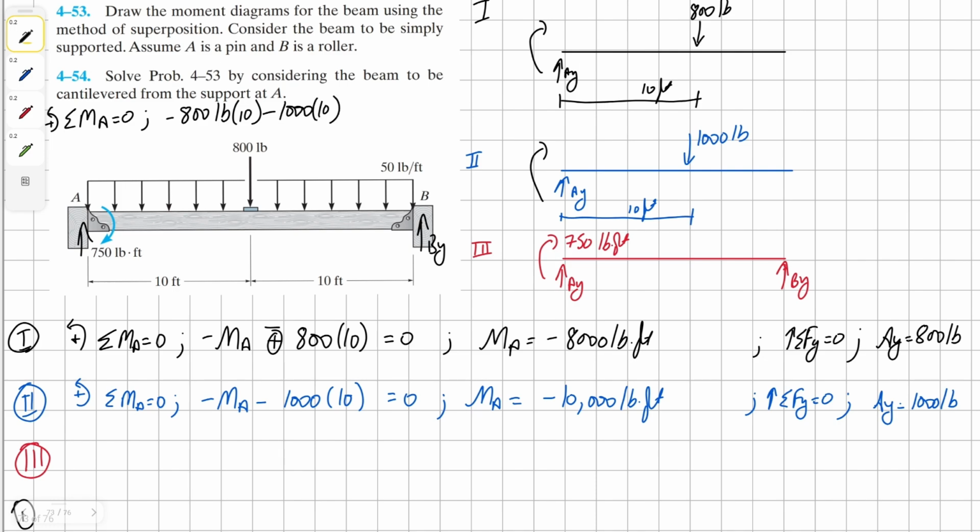And this means we have to find the value of By, and to find the value of By, we would have to take moment about the point A. In doing so, we're going to have 800 pounds 10 feet away, clockwise. And then we're going to have 1000 pounds 10 feet away as well, clockwise. Counterclockwise, By 20 feet away.